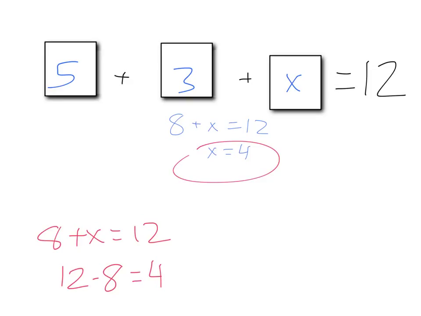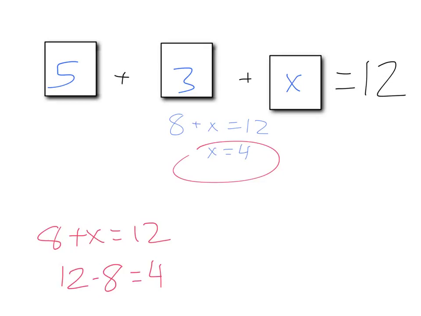Either way is just fine, however you want to solve it. If you like the inverse operation, great. If you want to draw it out, awesome. If you want to do it mentally, at this point I'm okay with it. Once we get a little bit later in the year, I'm definitely going to need to see your work, but since we're just establishing ourselves and getting our good foundation set, this is totally fine to do mentally.